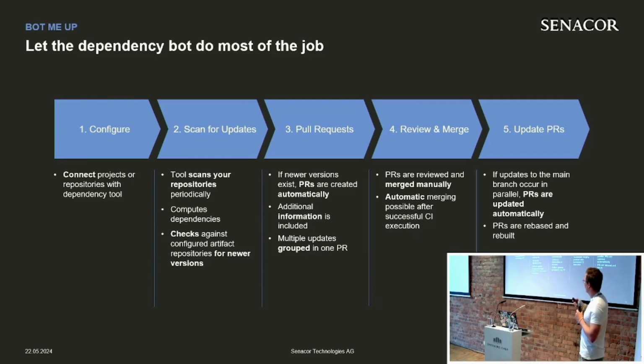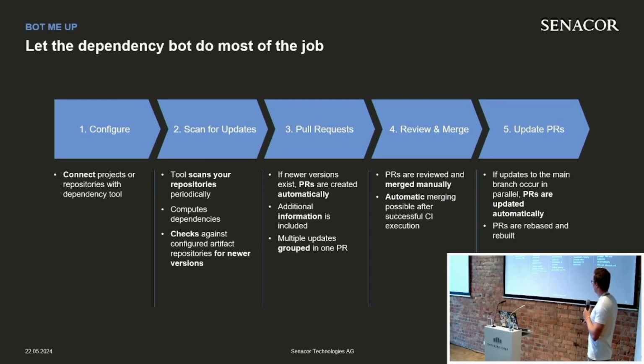Once you know when your tool scans your repositories, you of course want this tool to understand your dependencies, so know where to look. And also, once it understands, okay, you have this dependency, where do you want to look for newer versions? So may it be an artifact registry, a private one, a public one, something like that.